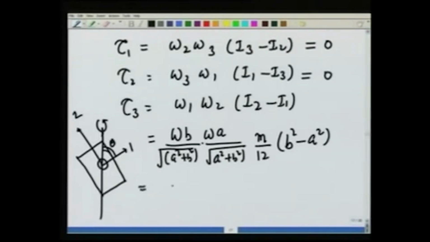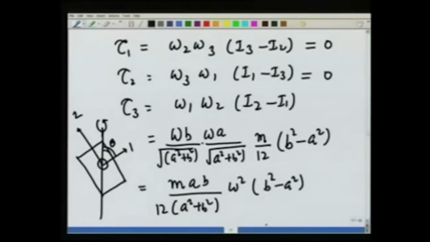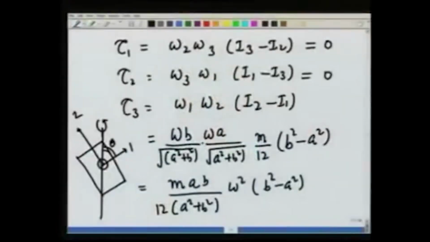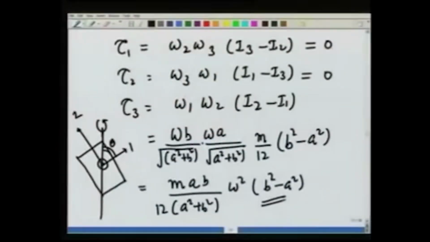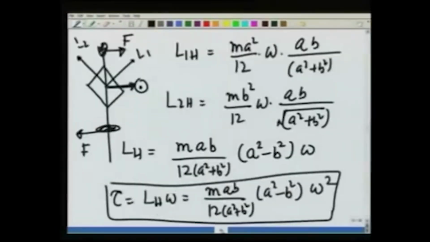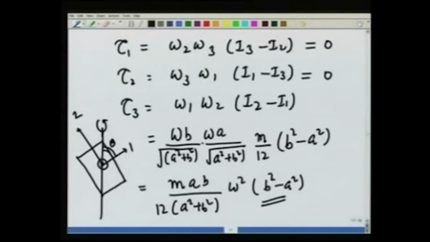So this gives me the same answer, m a b over a square plus b square, over 12, omega square, times b square minus a square. This is, remember, the third component. This is negative, means it is going into the plane of the screen. So this gives me the right direction as well as the right magnitude as we calculated earlier, which was a square minus b square, but going into the plane. Similarly here, since axis 3 is coming out of the plane, I get a negative tau 3. So that means torque again is going into the plane.